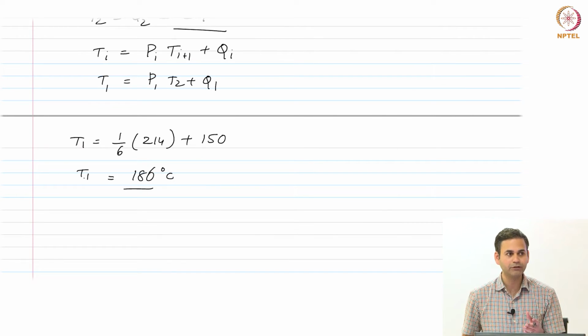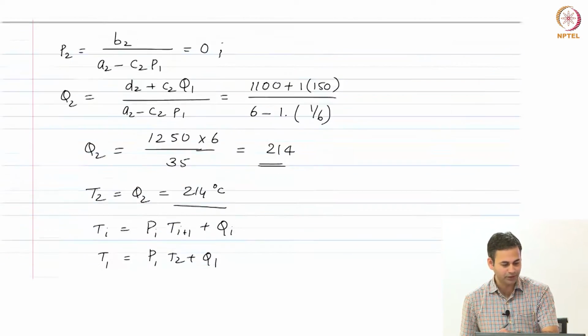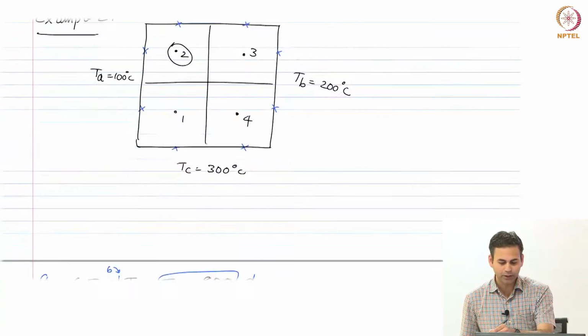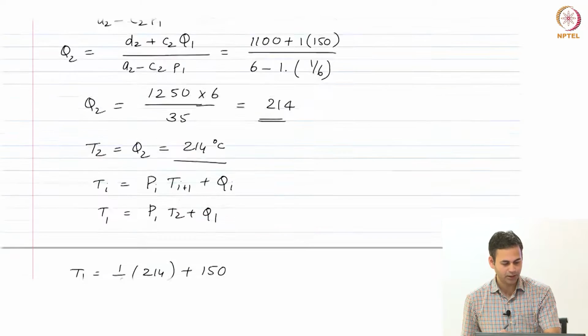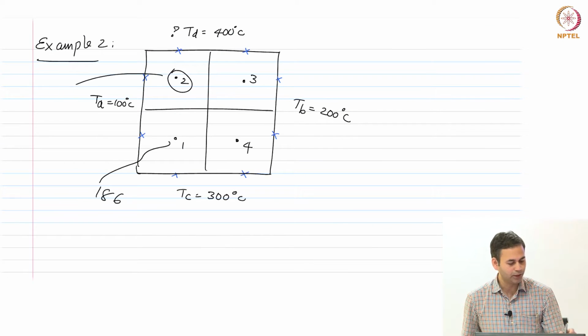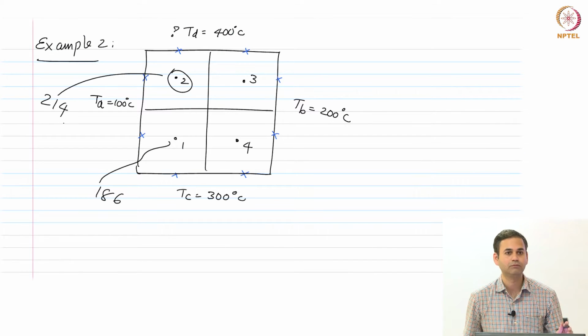Now, can you do the same thing for cells 3 and 4? What would you use for T1 and T2? You would use these values, we are using the updated values. Do these numbers make sense? You have got 186 for T1 and 214 for T2, are they bounded and do they look somewhat okay?